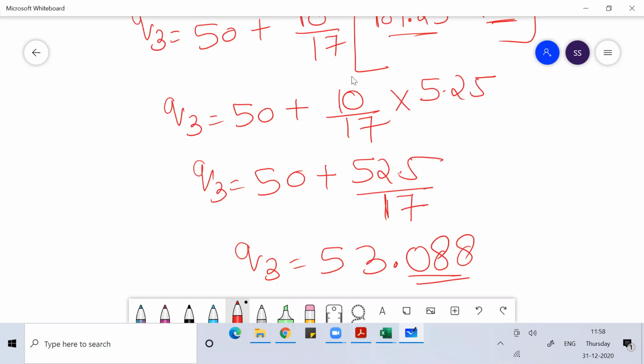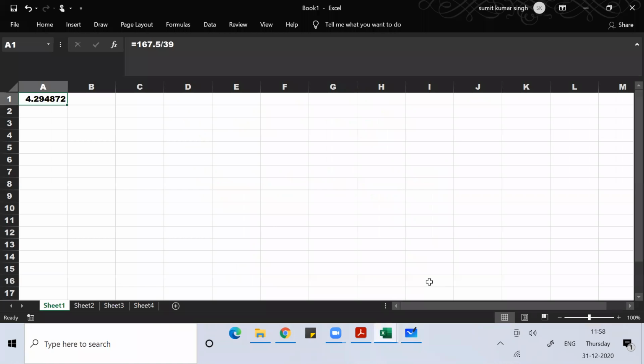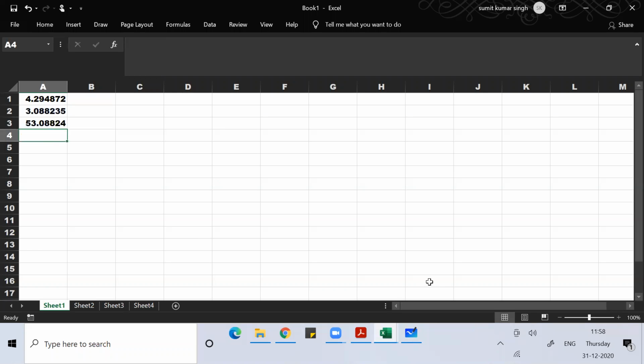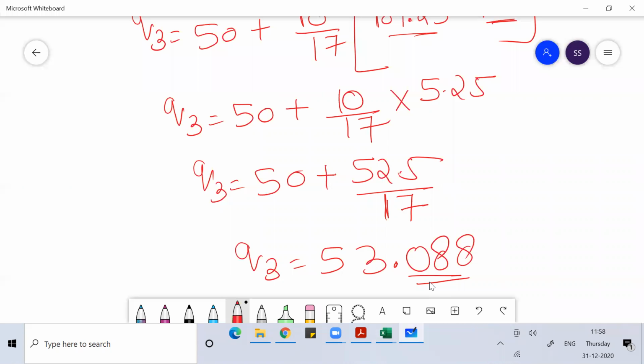So 53.088. 52.5 divided by 17, plus 50, gives 53.088. Correct.